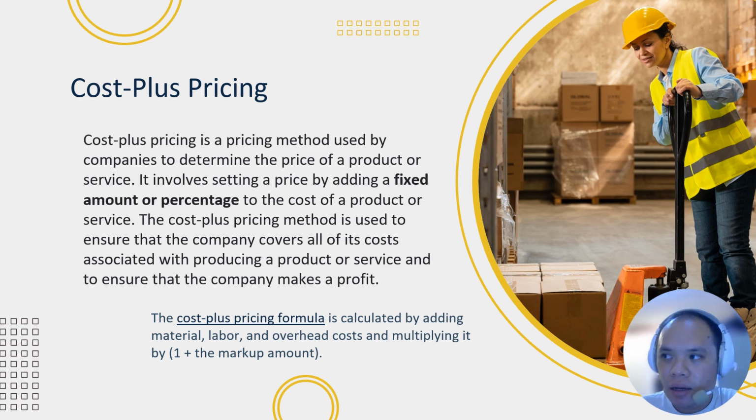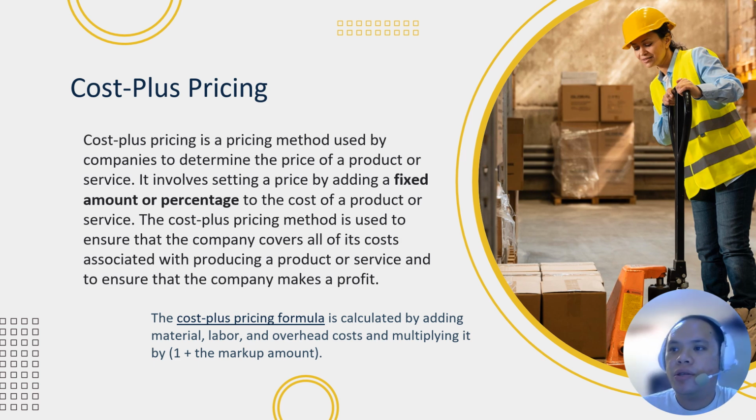Basically, in cost plus pricing, if the cost of producing the product is 36 pesos and we add a markup of, for example, 50%, then 36 pesos plus 50% of 36 pesos will be your price.